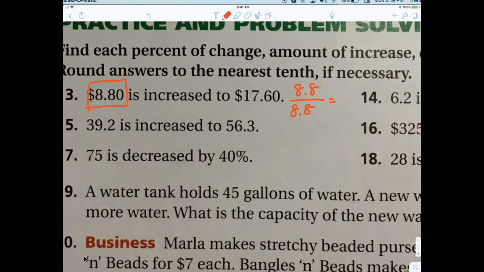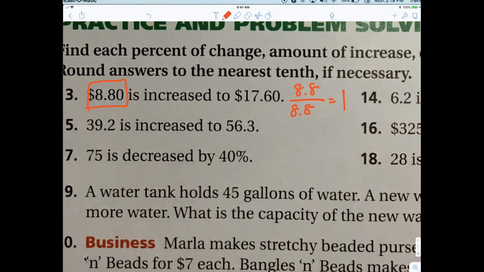You don't have to use your calculator. What's 8.8 divided by 8.8? Thomas? Are you here or not? 1. So 1 is the same as what percent, though? Thomas, you want to give it a shot? 1 is the same as? Nope. 1 is the same as? 100%.